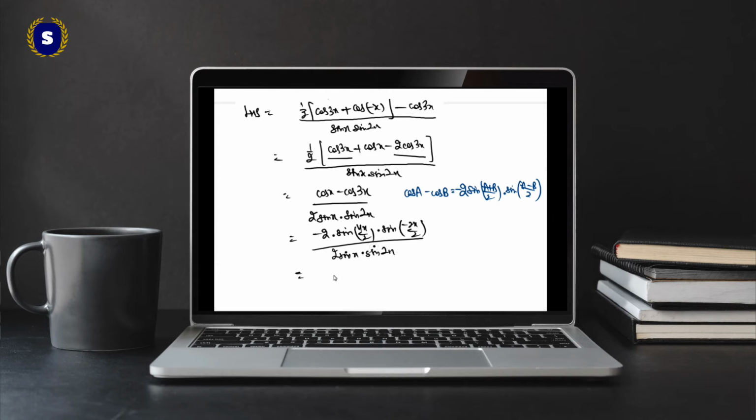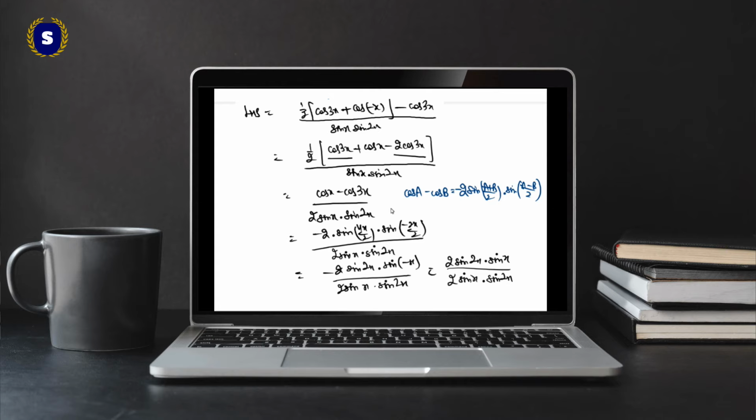So this will be minus 2 sine 2x sine minus x. So taking the minus sign in front of it, we'll get 2 sine 2x into sine x upon 2 sine x into sine 2x.